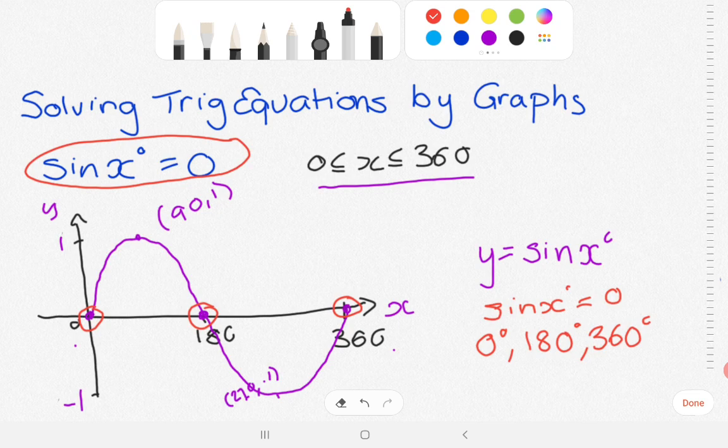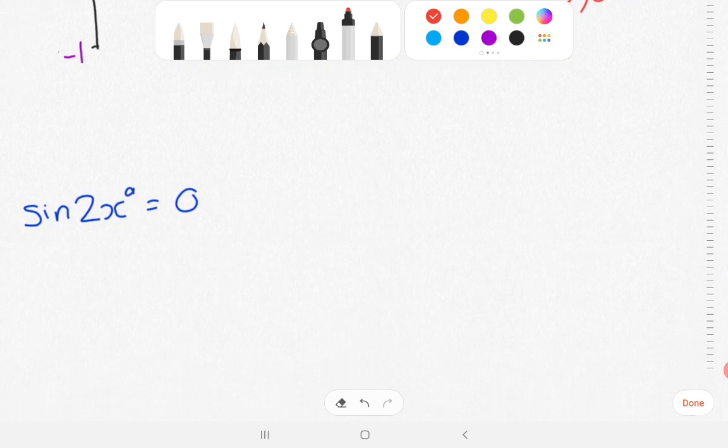If you were asked where it was 1, it would be 90. If you were asked where it was -1, it would be 270. And you could do the same for cos, which is what you're being asked to do in the homework, or for tan as well.